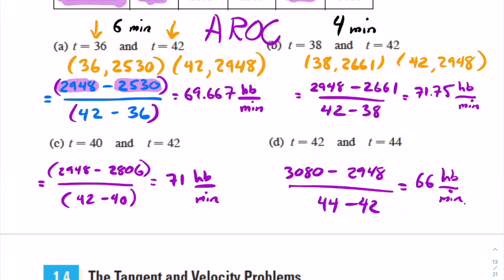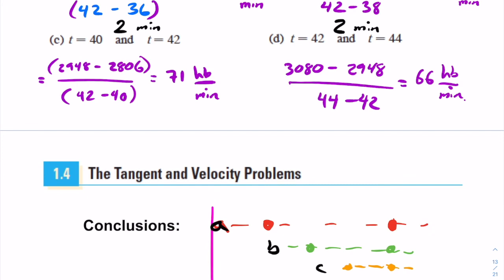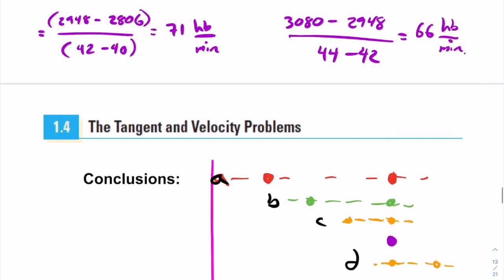But notice how in part C, you're only 2 minutes apart. So your 2 data points are a lot closer to each other. But so is part D. So this is like a rare case where it's kind of like a tie. Part C and D would be very good estimates to exactly how fast your heart is beating at the 42nd minute mark.